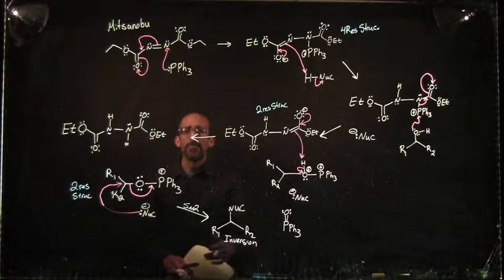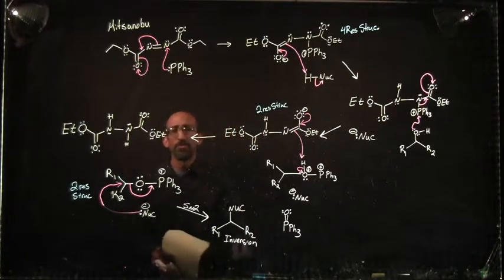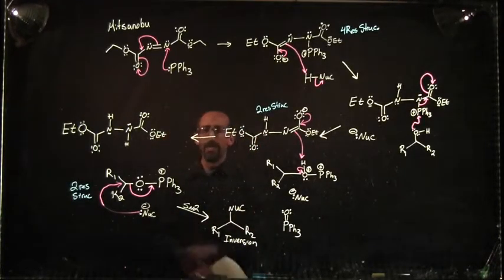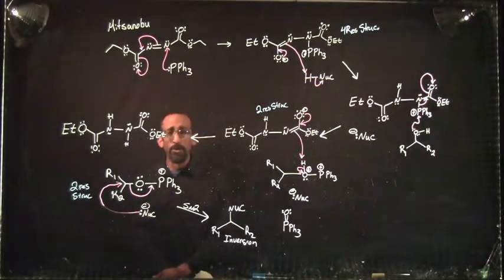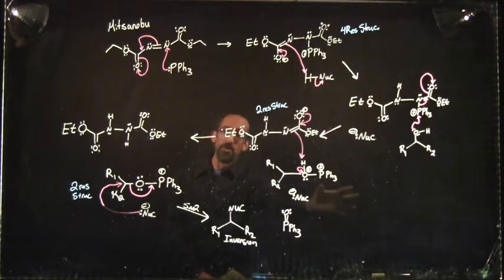Phosphorus now has 5 bonds, and if we recall from the video lecture on bonding, phosphorus can accommodate 5 bonds and remain neutral thanks to its d orbitals. Okay, this is the arrow pushing for the Mitsunobu reaction.